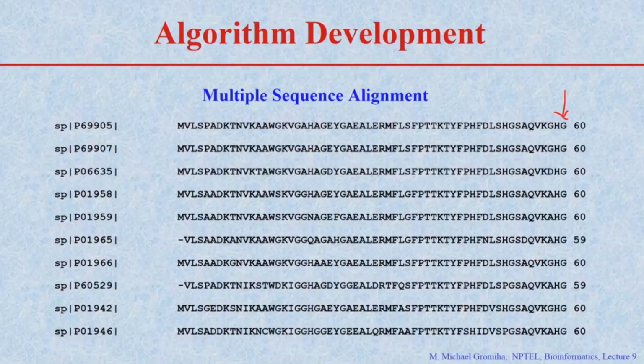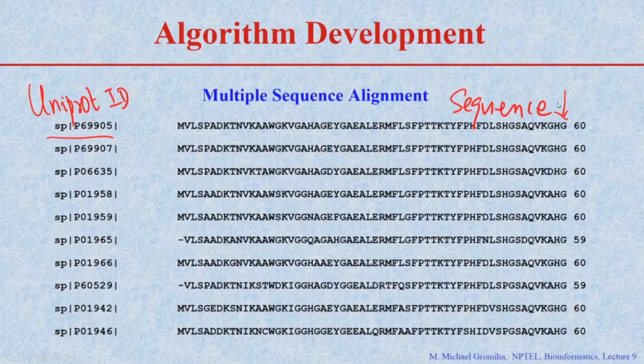It is conserved, because if you see the 10 different sequences, this is the UniProt ID, here this is the sequence, just for example I kept from 1 to 60. We take the 60th position, you can see all the residues at these positions are accommodated with the residue glycine.